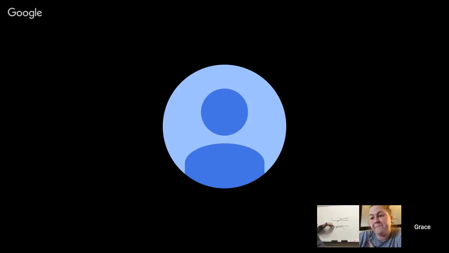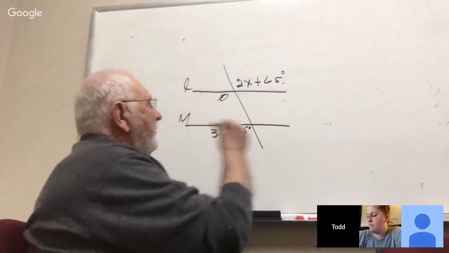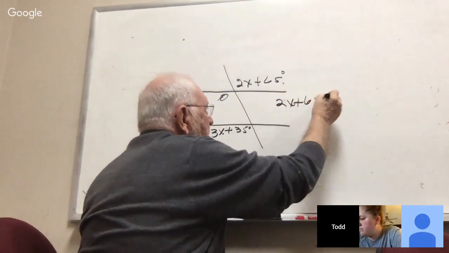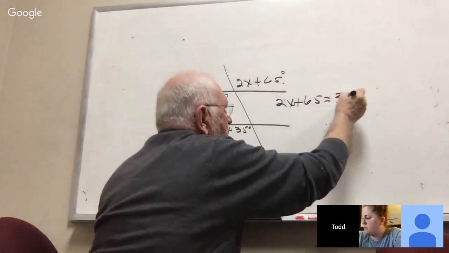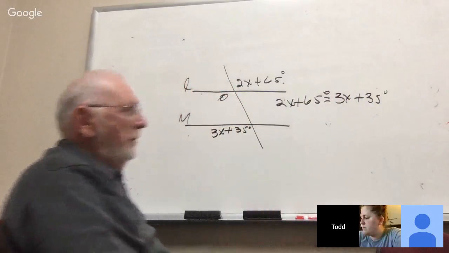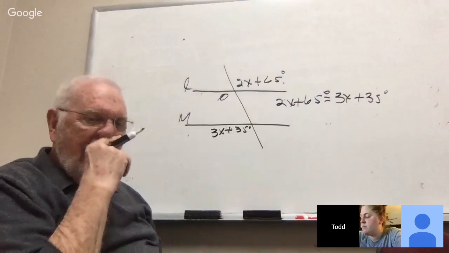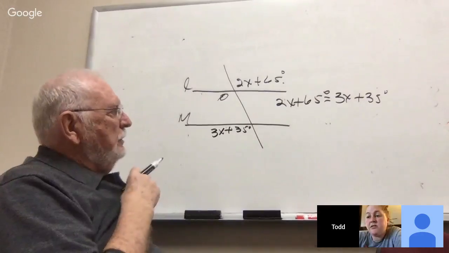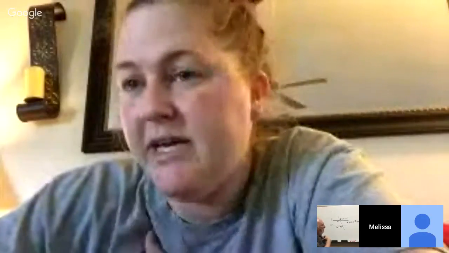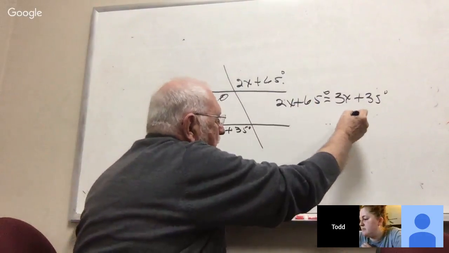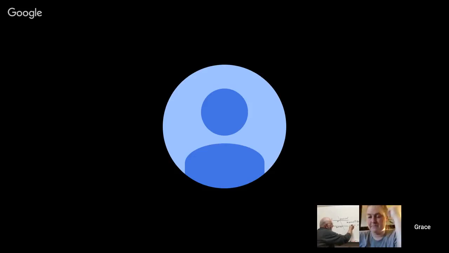Okay, so if we have that, then we can say that 2x plus 65 is equal to 3x plus 35. Then you just subtract 35 from one side and subtract 2x from the other side, and it'll be x equals 30. So if we subtract 2x, then we get x plus 35, and we get 30.